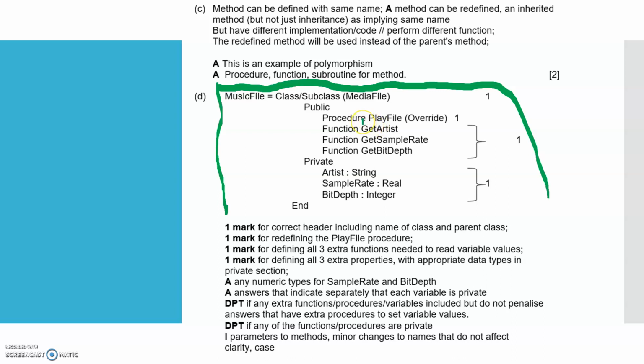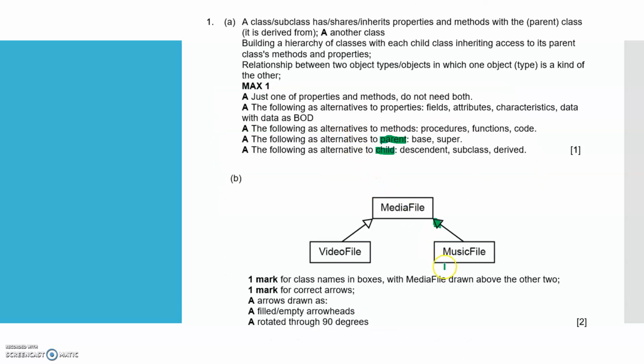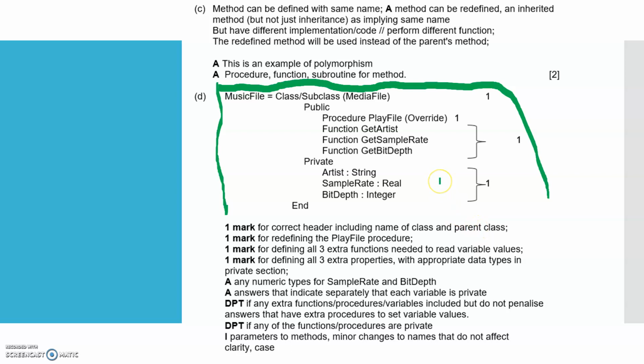There's not a huge amount of information in the question to help you identify that, so well done if you did get that. It kind of makes sense if you think about it. Play file, well, if you're playing a music file, that implementation is going to need to act differently to how a video file implements it. So they're going to need their own methods for implementing that particular behaviour.